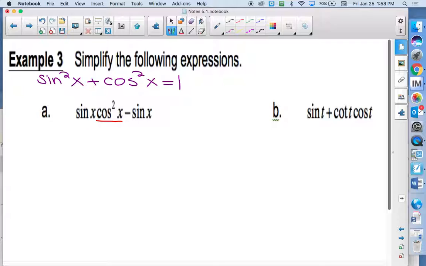The three Pythagorean identities can be rearranged. So just because this says sine squared plus cosine squared equals 1, it doesn't have to stay like that. So if there's a cosine squared in the problem, we can take the sine squared to the other side by subtracting it and have this same identity but flip-flopped, say cosine squared is equal to 1 minus sine squared.